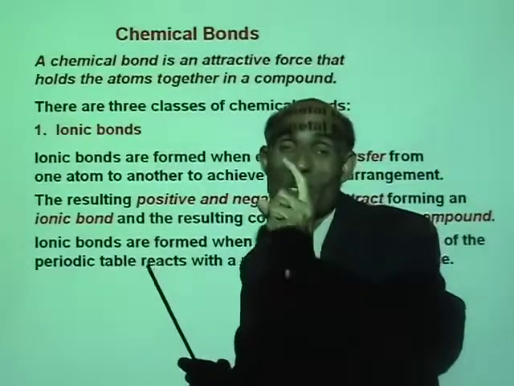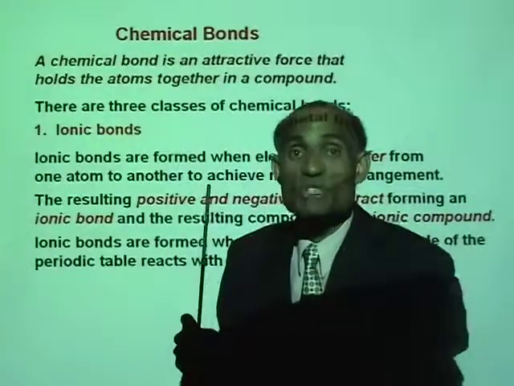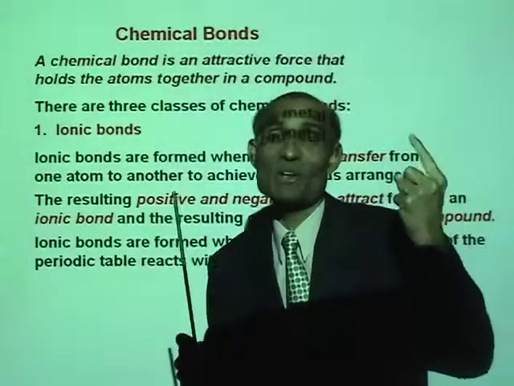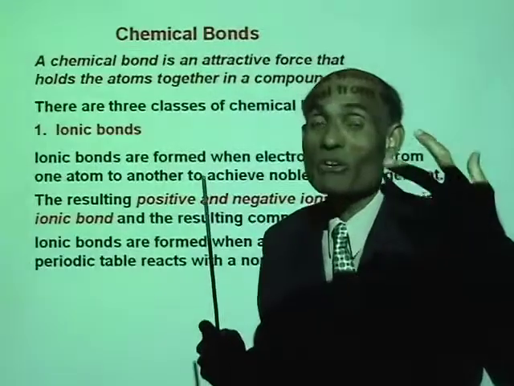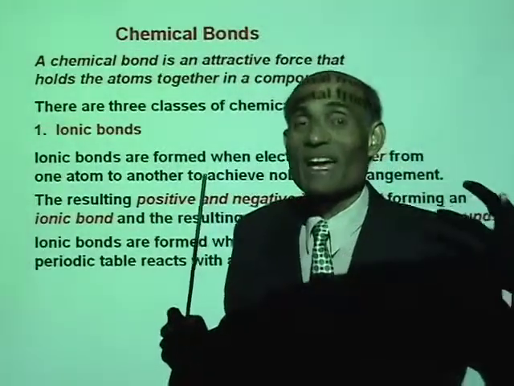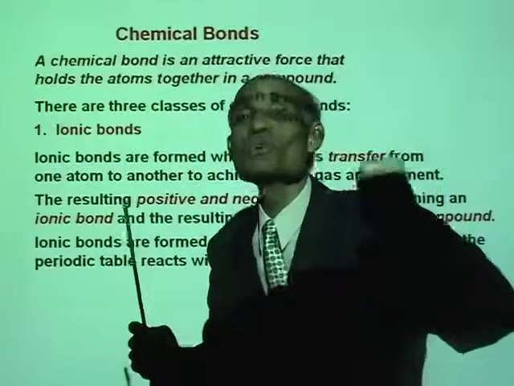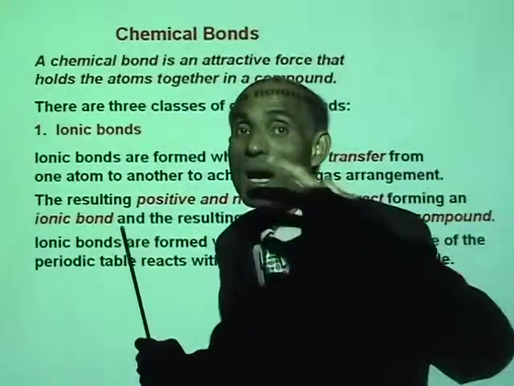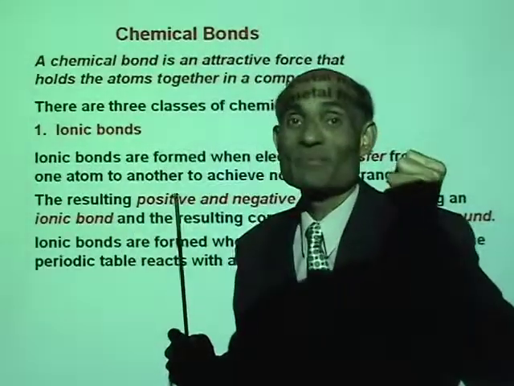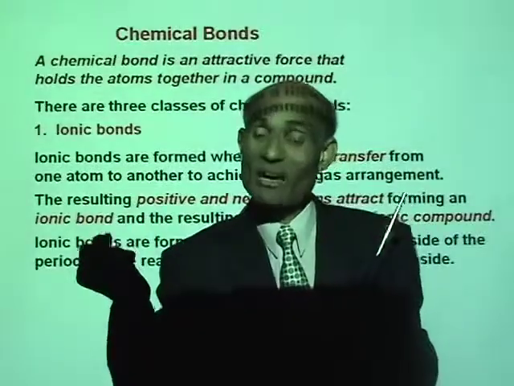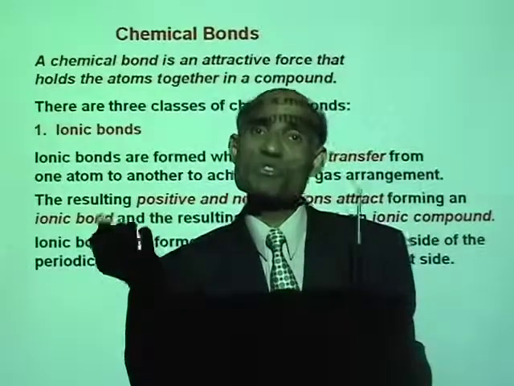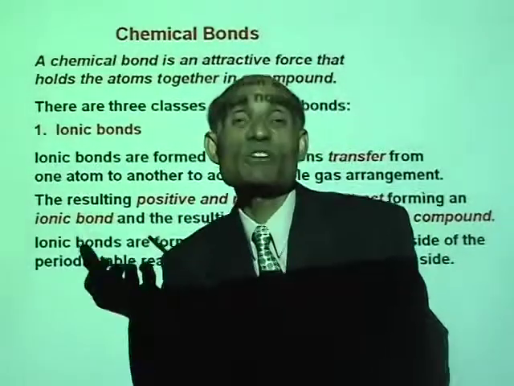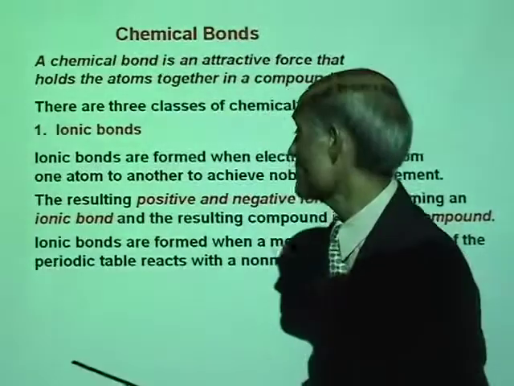If you remember, we distinguished between metals and non-metals in our unit 3. What are metals? Metals are elements that tend to lose electrons to become positive ions. Non-metals are elements that tend to receive electrons to become negative ions.